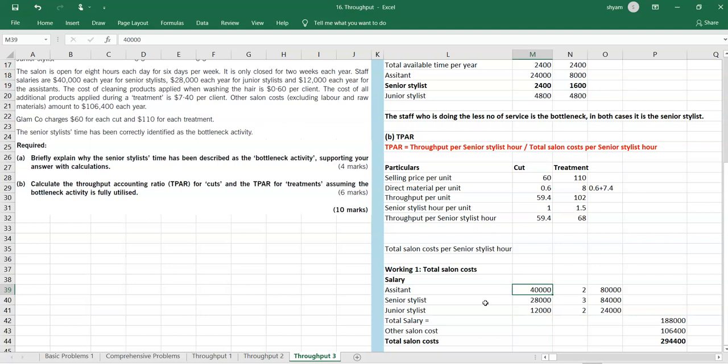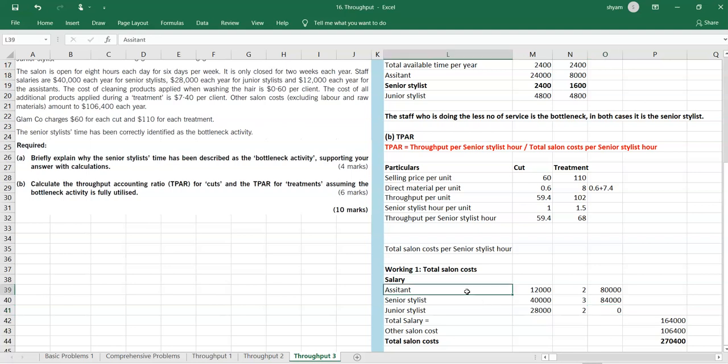Senior staff are paid 40,000, juniors are paid 28,000, and assistants are paid 12,000.